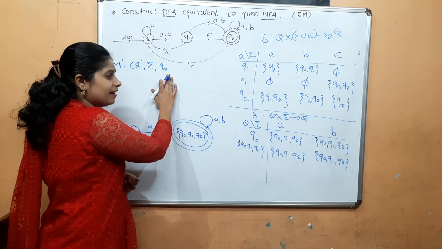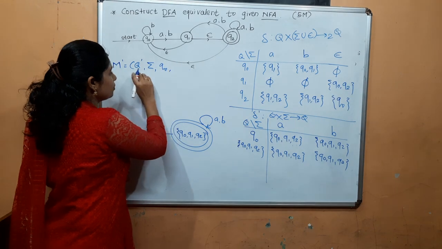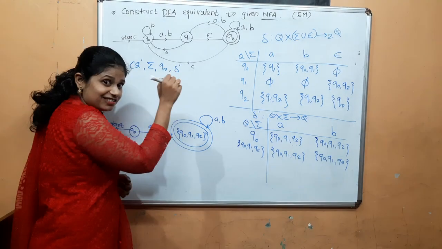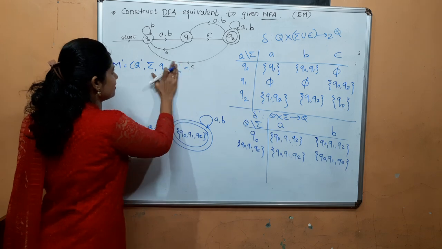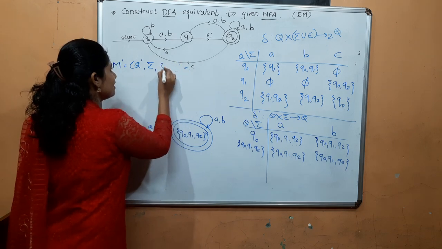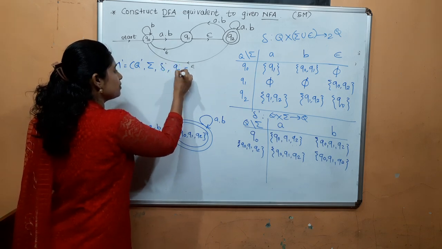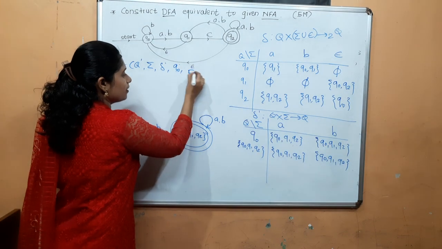So here we can write Q', sigma, Q0, delta'. Okay, delta'. See here, Q', sigma, delta', Q0 and F'.